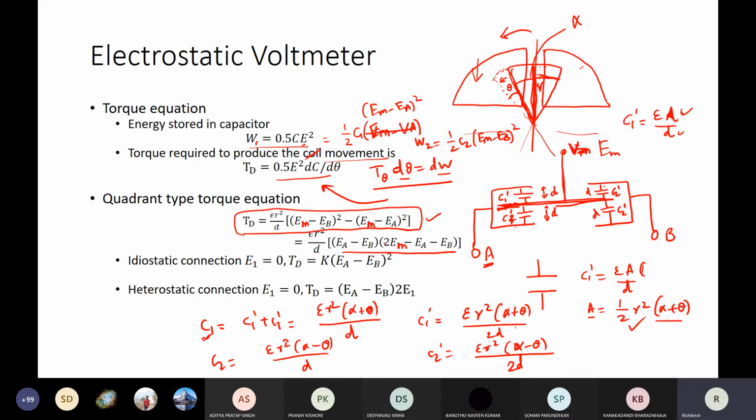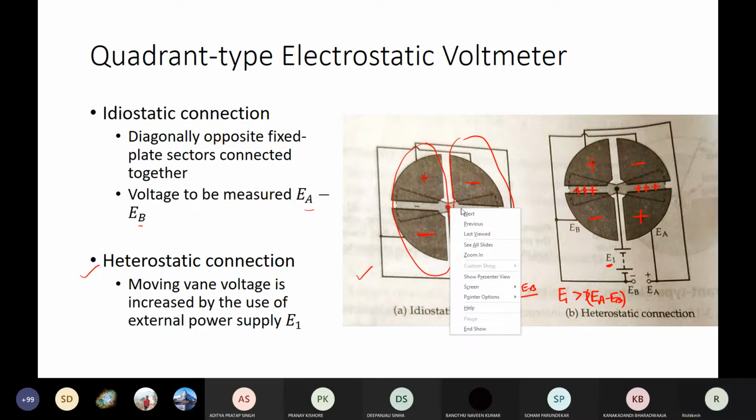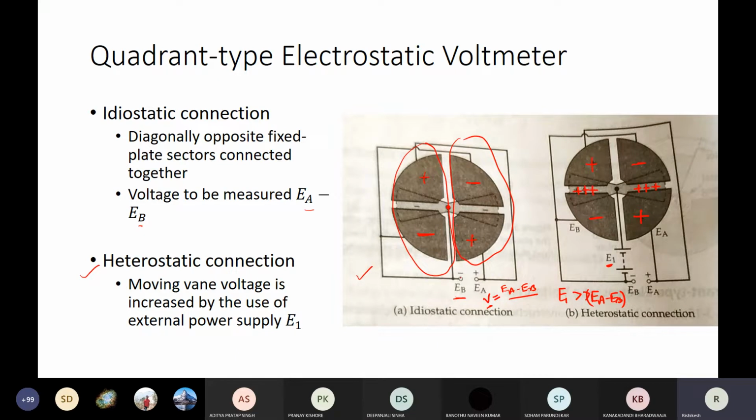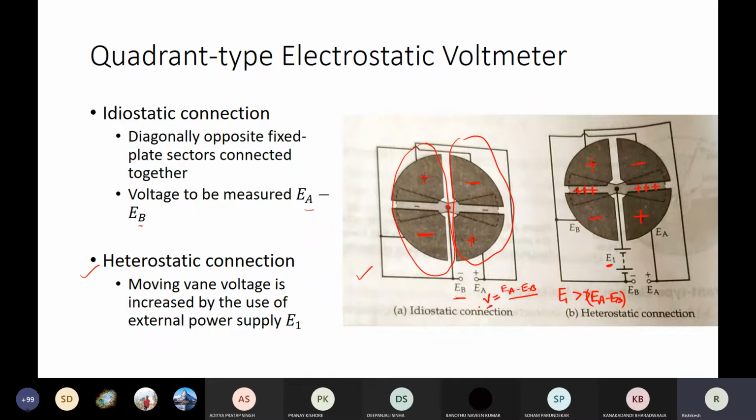Now if you focus on one of the connection types, either idiostatic or heterostatic: as I mentioned, in idiostatic connection you maintain the potential of the moving plane at one of the terminals. So in this case, since it is connected to EB, what is EM? EM is equal to EB, right?